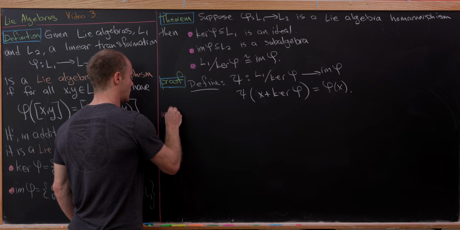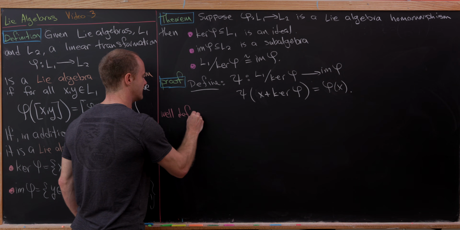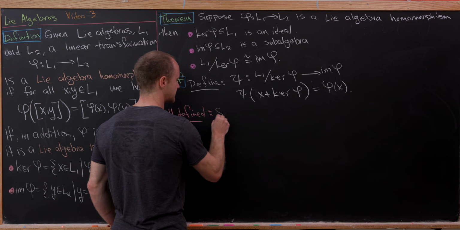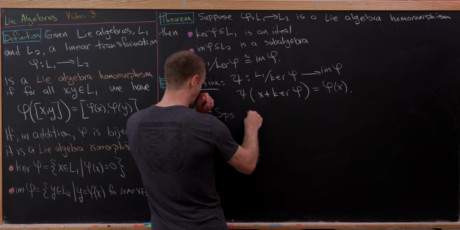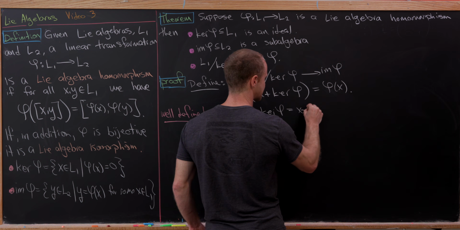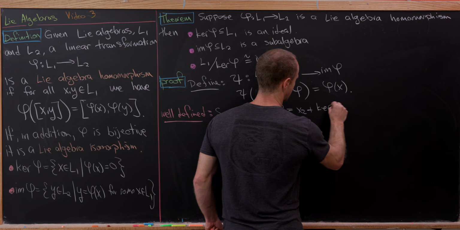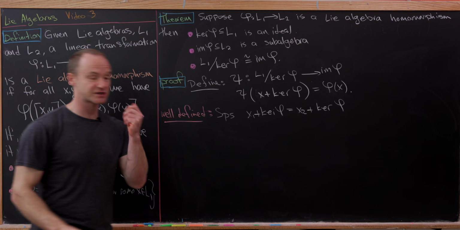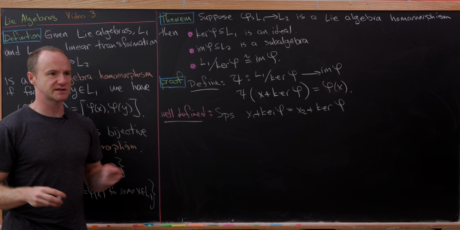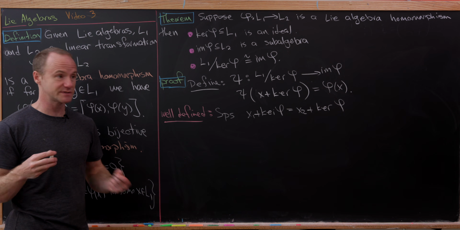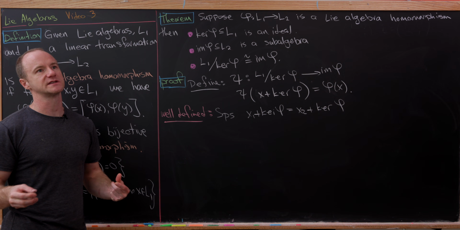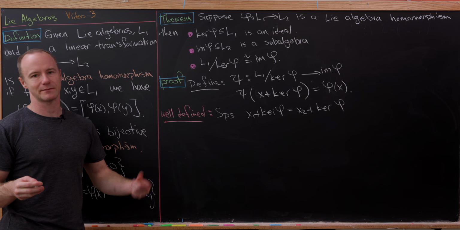So now let's show that this is well defined. That's probably the only really hard part of this. Let's suppose that x1 plus the kernel of phi is the same thing as x2 plus the kernel of phi. That's how you start showing something's well defined. You suppose that some element has two different names, in this case x1 and x2, and you show that regardless of the name you've chosen, it gets mapped to the same place.